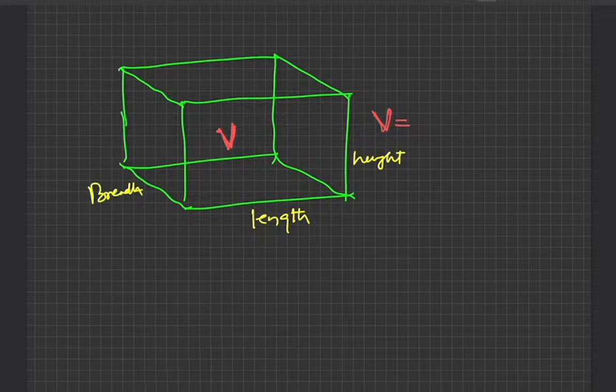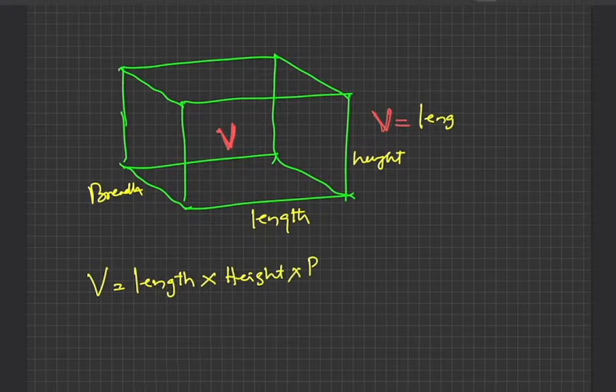So the volume of the cuboid is length times height times breadth. So this is the volume.